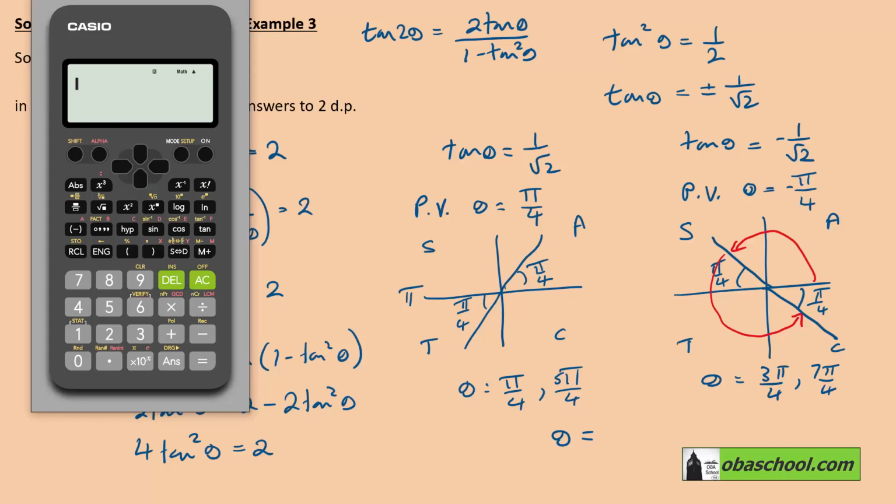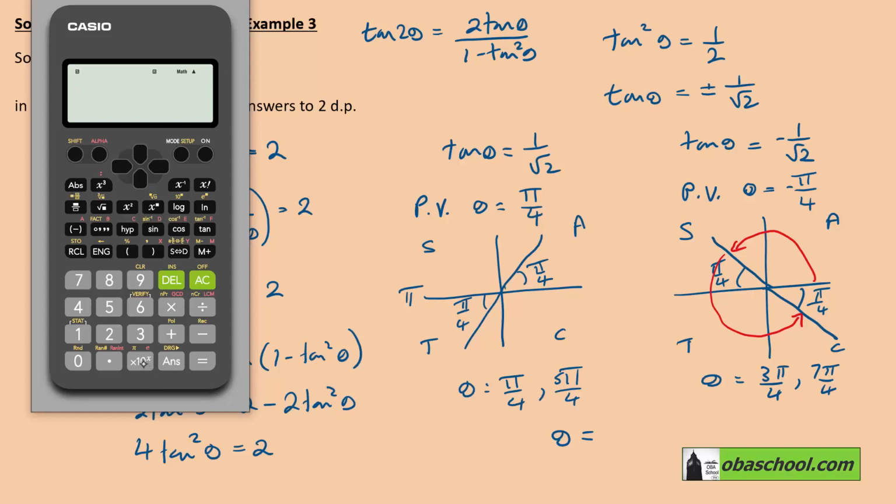And then had I been doing the principal values back here on the calculator, I would have gone shift tan and 1 over root 2. And that's how I would have worked with that. So I'd have said that this angle was 0.6155 or something, and then worked with that. Of course, I don't need the calculator to be in radian mode just to convert these, because these are just numbers.